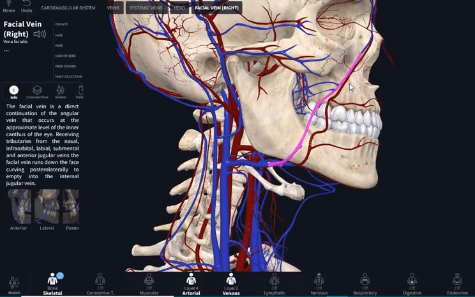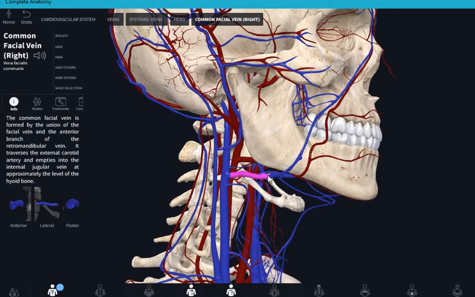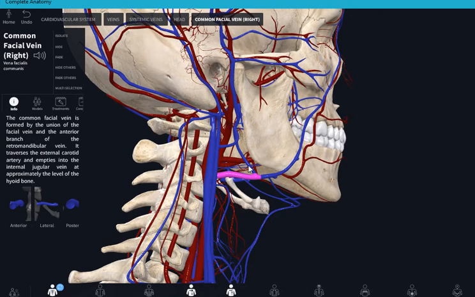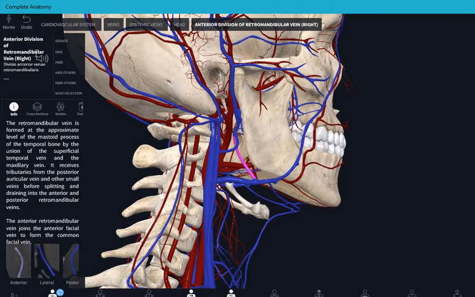It corresponds with the facial artery here, and it's going to be called the facial vein. At this portion here is going to be called the common facial vein. The common facial vein forms when it binds with this portion, the anterior division of the retromandibular vein.